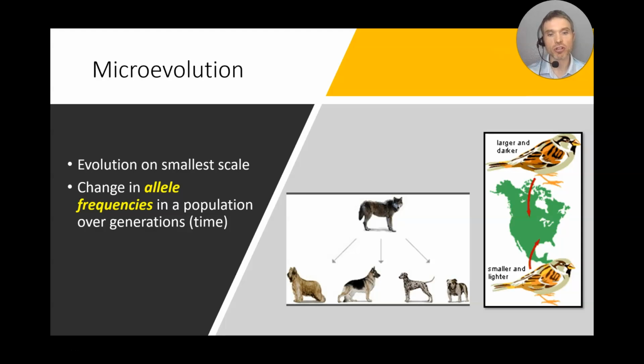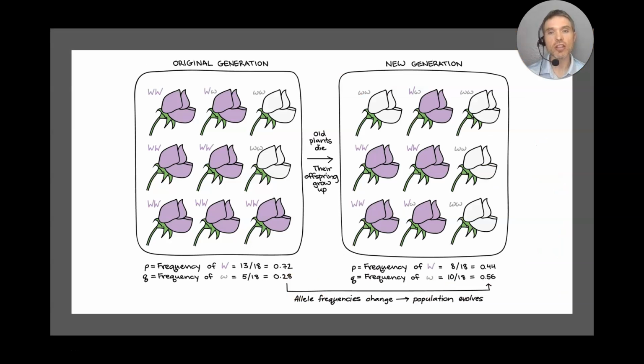Let me show you how this works. On the left-hand side here, we see the original population. Once again, we have 7 purple flowers and 2 white flowers. The frequency of big W is 0.72.